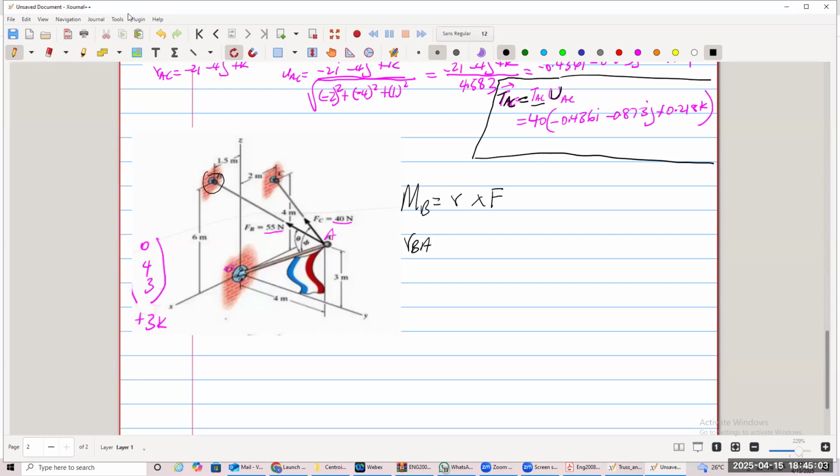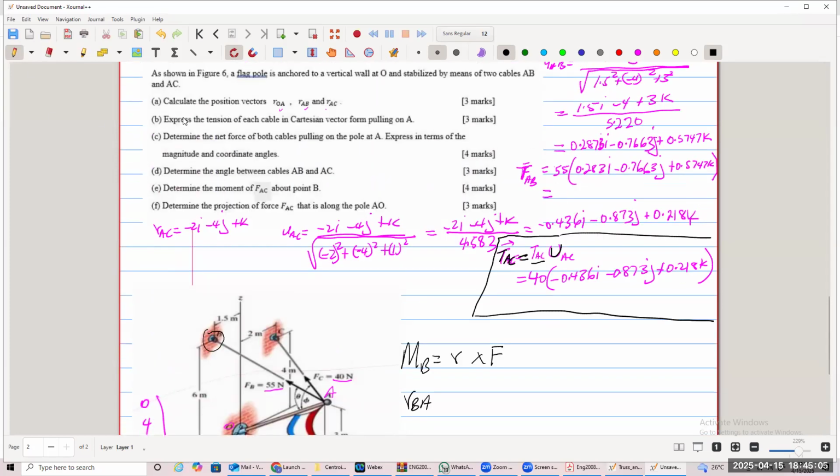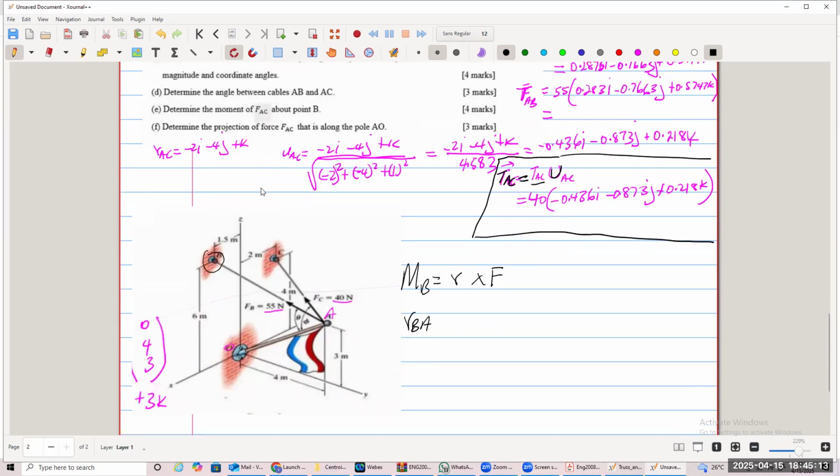Let's look back at what they want from you. It says here, find the moment of AC about B. Yes, they told you. AC about B. So would you use the same thing? Let's draw some lines here.